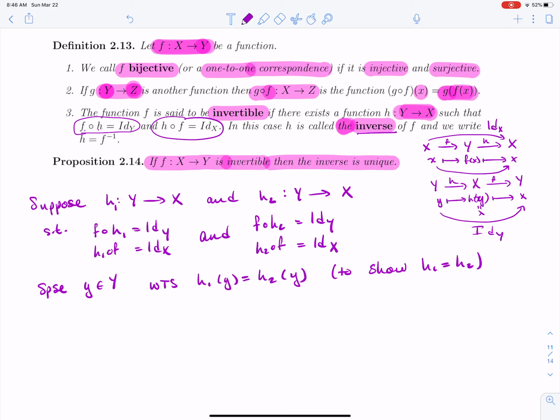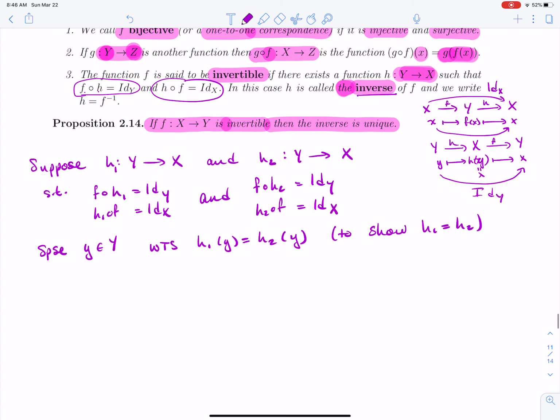That's what it means for two functions to be the same. We have to show that they're equal on all elements of the domain. Well, what do we know? We know that we could take little x1 to be h1 of y, and we could take little x2 to be h2 of y, and what we want to show is that x1 equals x2.